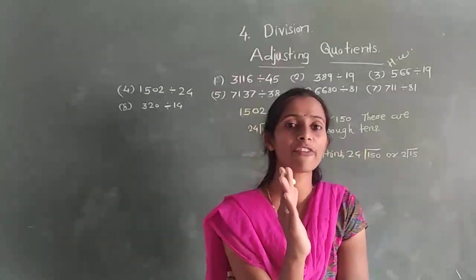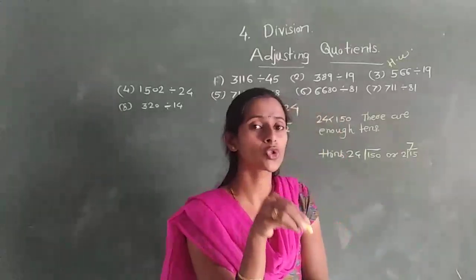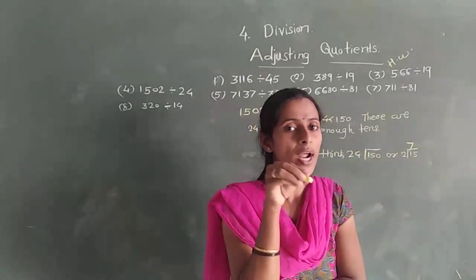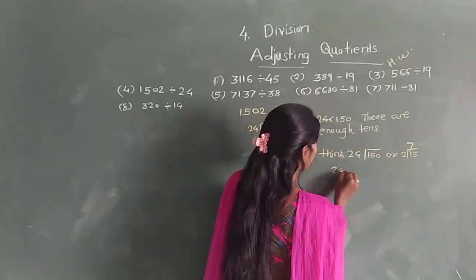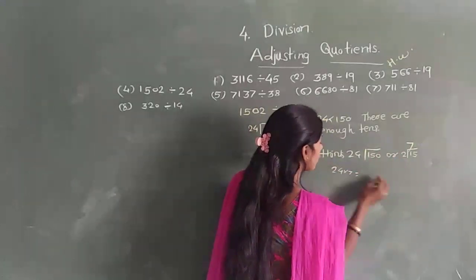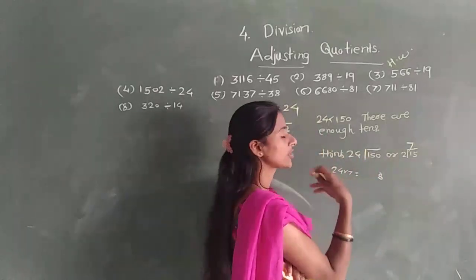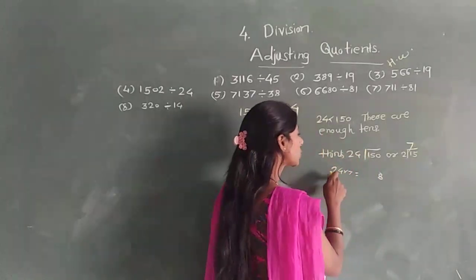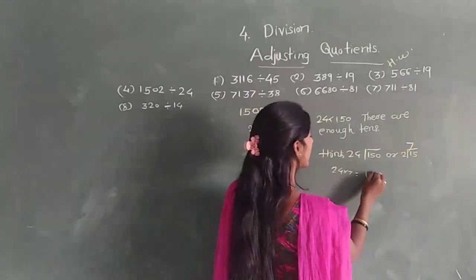So 2 sevens are 14. So check 24 times 7. 7 fours are 28. Carry over 2. 7 twos are 14 plus 2, that is 16.